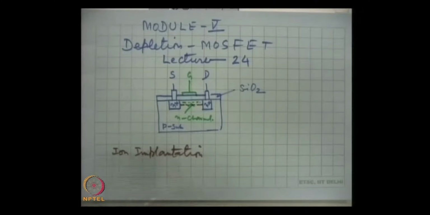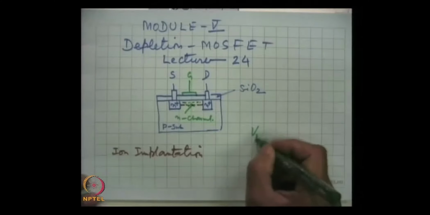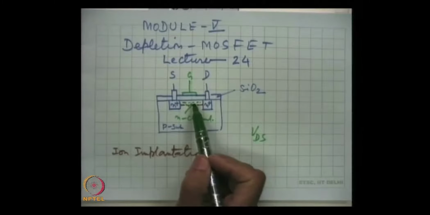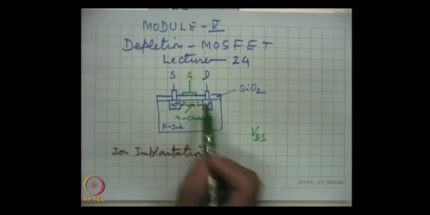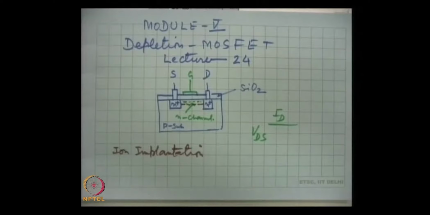Now, between drain and source, when we establish a voltage VDS, then current will flow, because through this channel there is a continuity between source and drain, and the drain current ID will flow, and in the channel this current will be because of the mobile electrons which have been implanted.